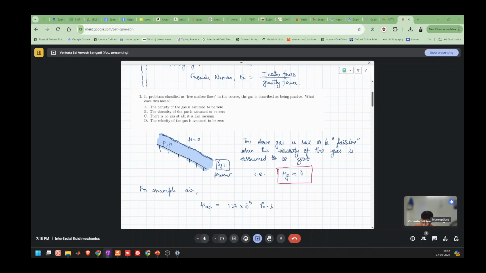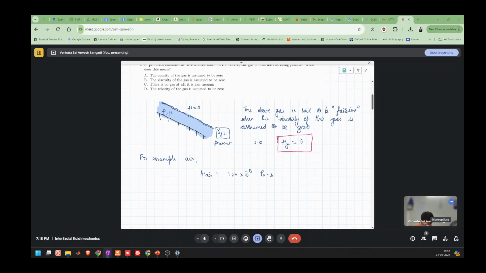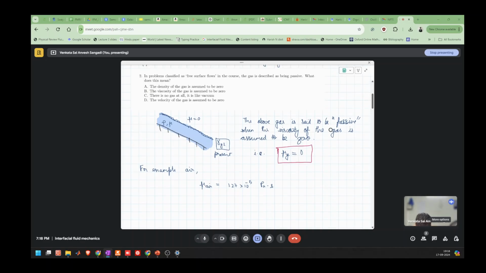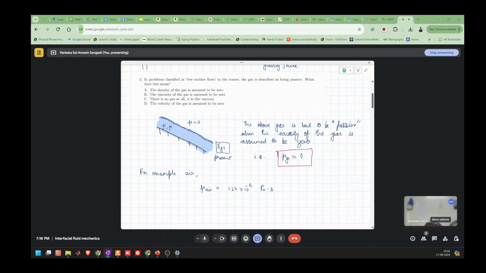So therefore, we can choose to ignore this viscosity. So the correct option here is B. The viscosity of the gas is assumed to be zero.